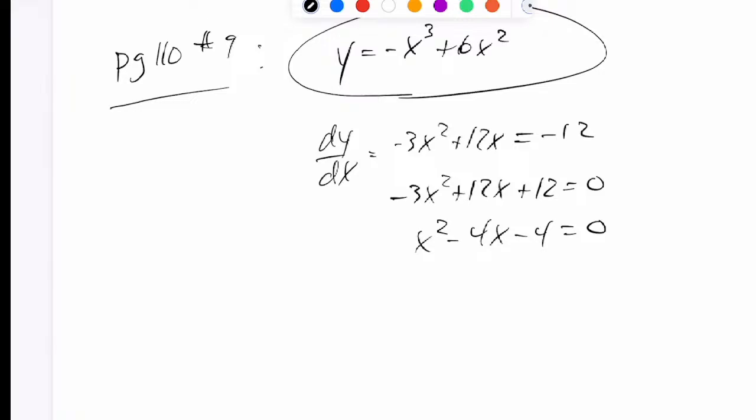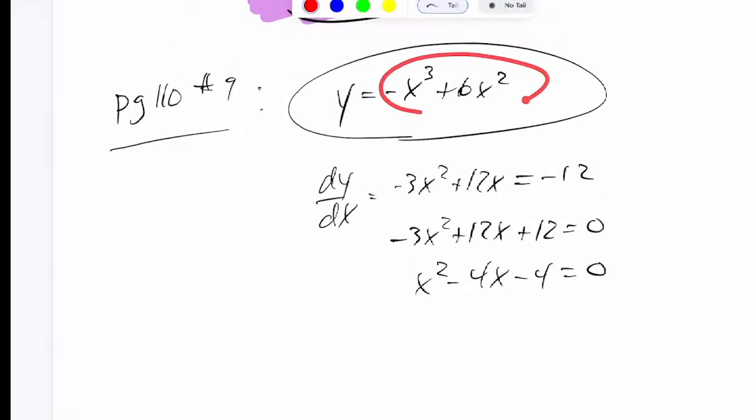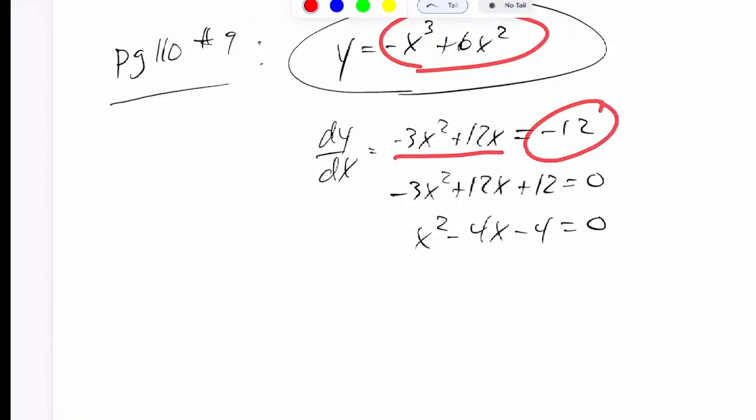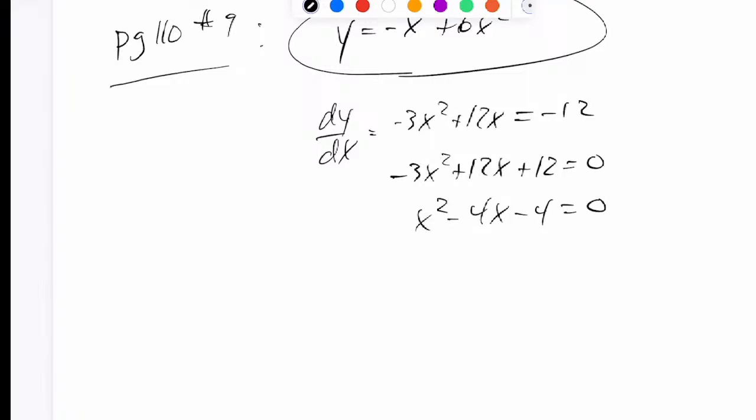So what I did was I took my derivative here, and I set it equal to the slope they asked, and I brought this over. Now to solve this here, you can check your discriminant to see what you get. I get b squared minus 4ac, and the discriminant here is 16 plus 16 is 32.